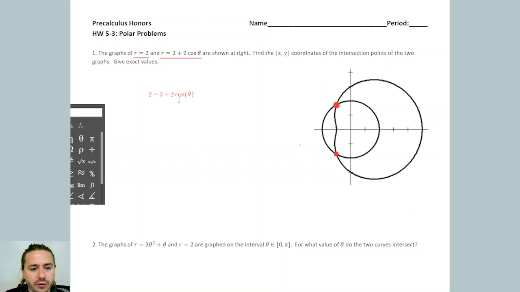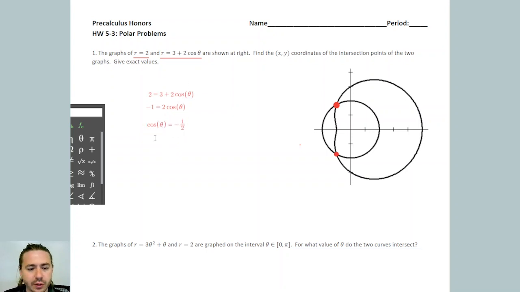And we'll go through the normal steps to solve this. So we'll subtract 3 from both sides. And then we'll divide both sides by 2. So what we get is negative 1/2 equals cosine theta.